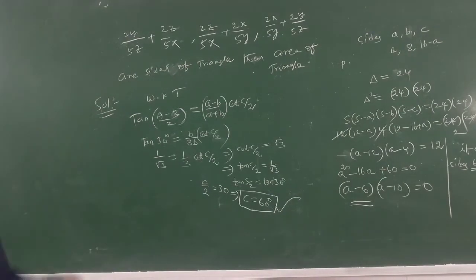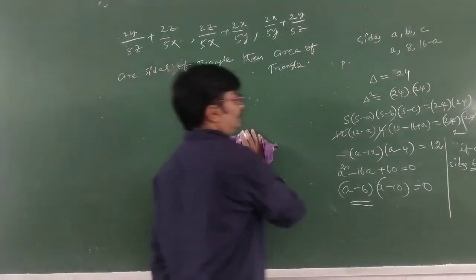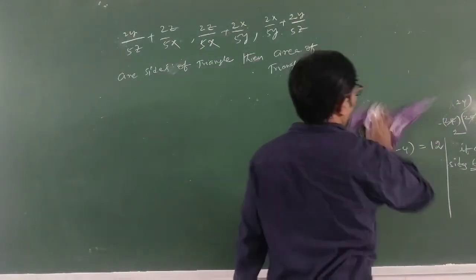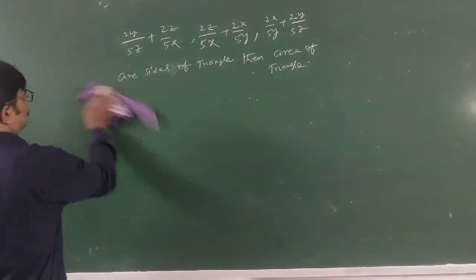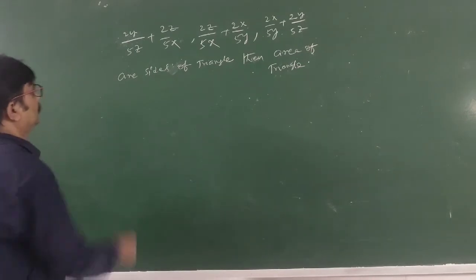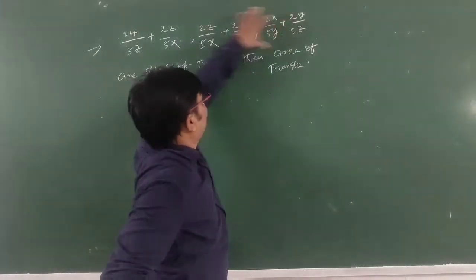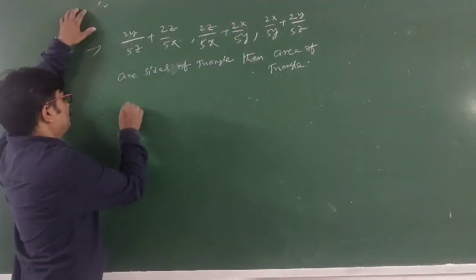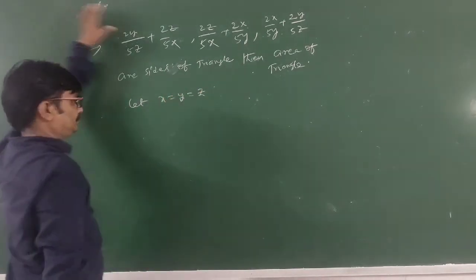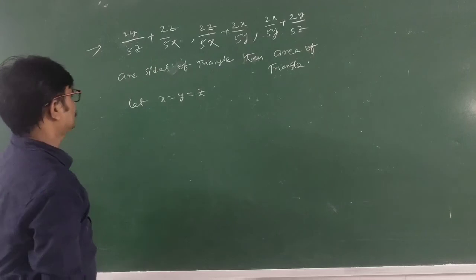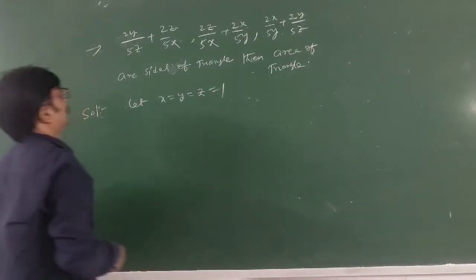So students, here what we observe, the area of the triangle. So here we are taking the x, y, z values as 1. It will be easy to find the area. So what we observe, students, the sides are very difficult, very clumsy. Therefore, let x equal to y equal to z, that will be 1.